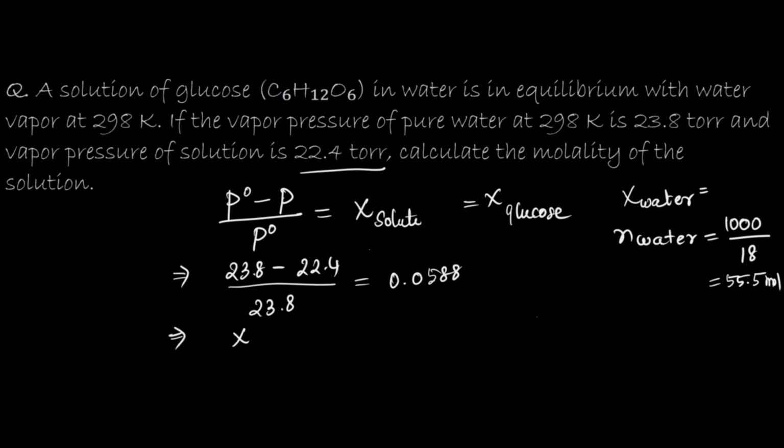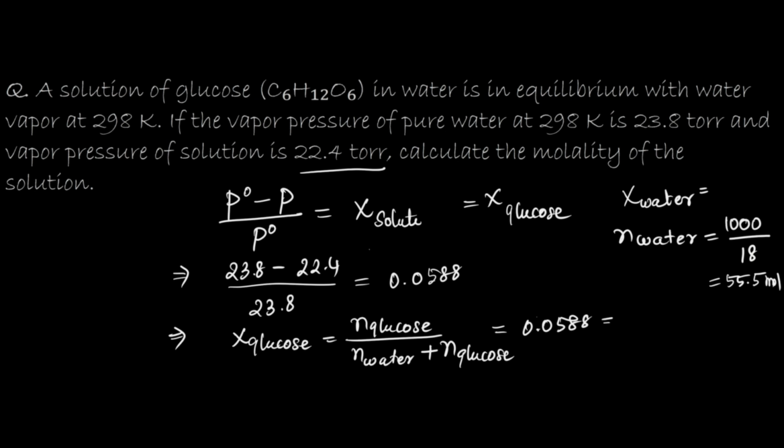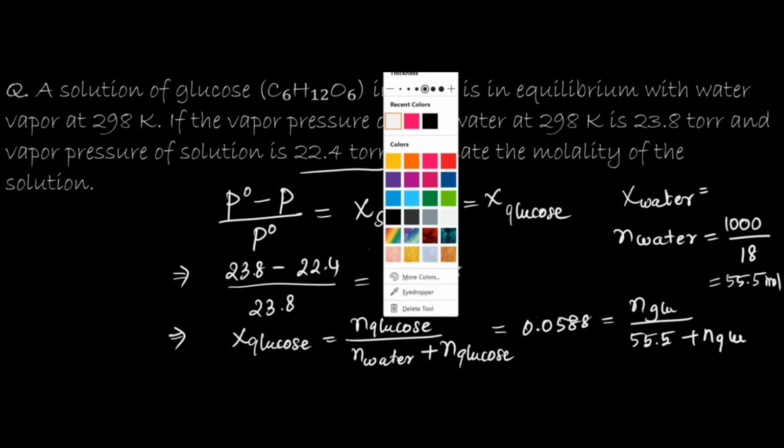We know that chi of glucose is equal to n glucose divided by the number of moles of water plus the number of moles of glucose. Just substitute the values: 0.0588 is equal to n glucose divided by 55.5 plus n glucose.